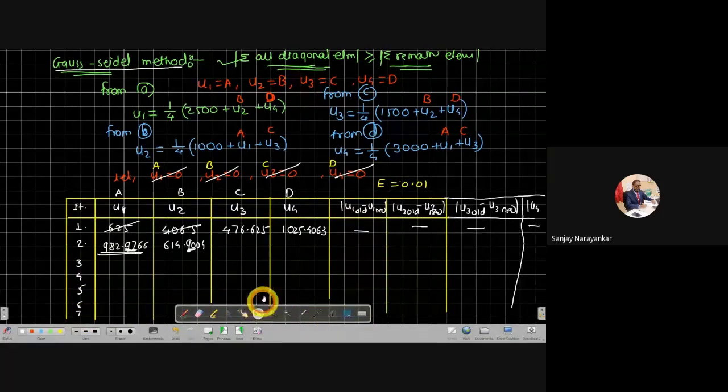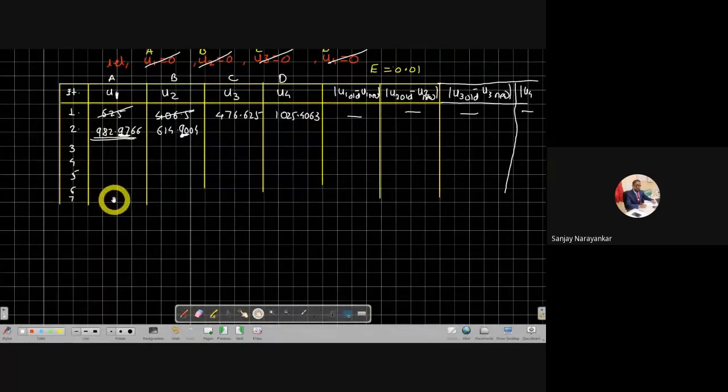कब तक करना है ये? Until you are getting this value repeating.